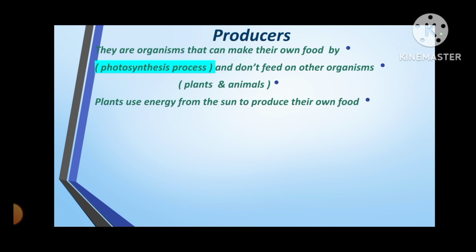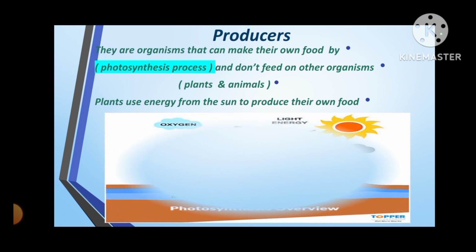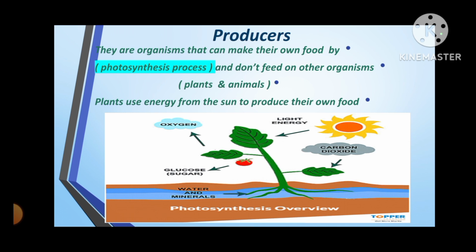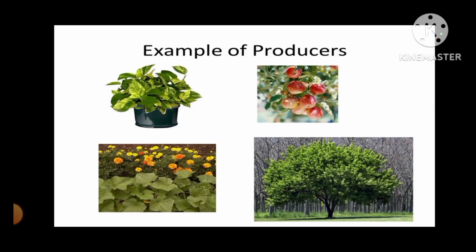They use the energy of the sun to produce their own food. Like a plant takes energy of the sun to combine carbon dioxide and water to produce oxygen and sugar glucose. Producers are like grasses, trees, fruits, and so on.